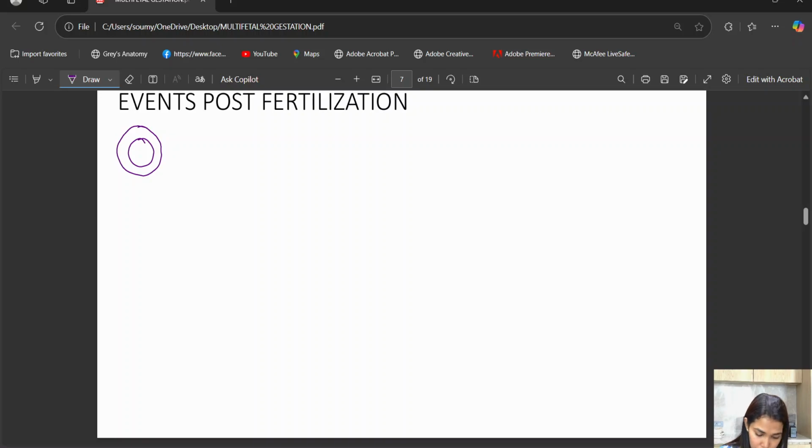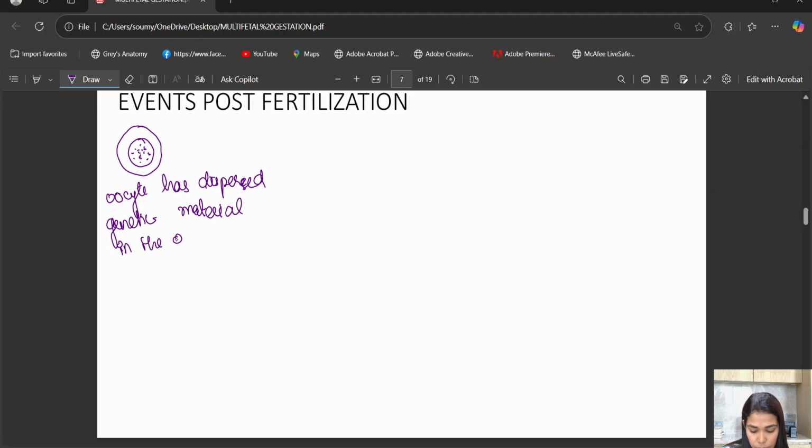The oocyte has a dispersed genetic material in the ooplasm. Again, oocyte, right now fertilization is not happening. We're just talking a little bit prior to that. Oocyte has a dispersed genetic material in the ooplasm.